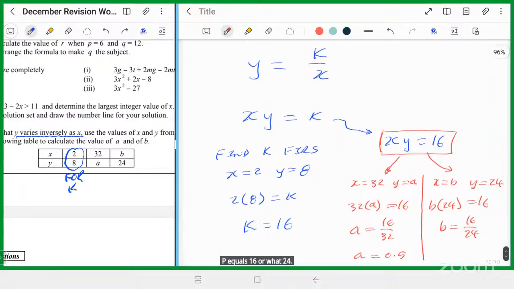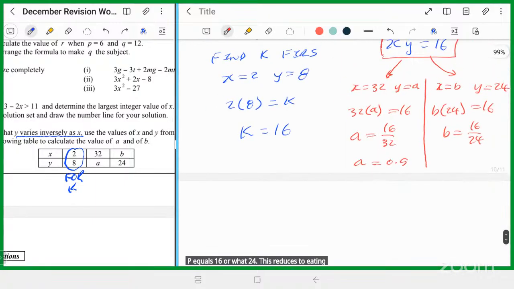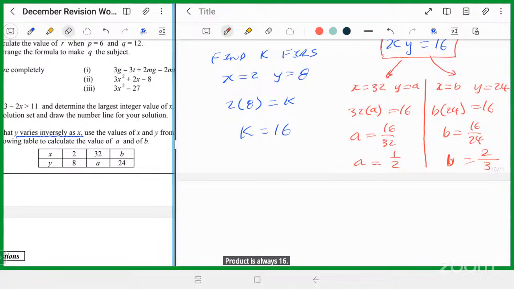This reduces by dividing 8 into each of them: b equals 2 over 3. Can leave it like that for exact values. And this one is a half, as a fraction. That's a and that's b, guys. Product is always 16.